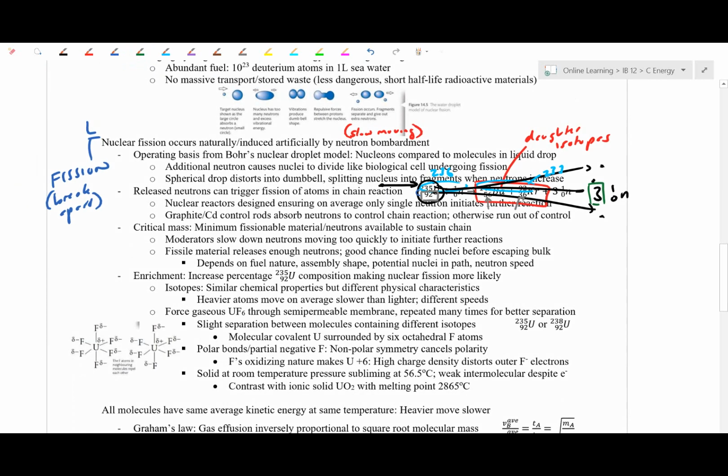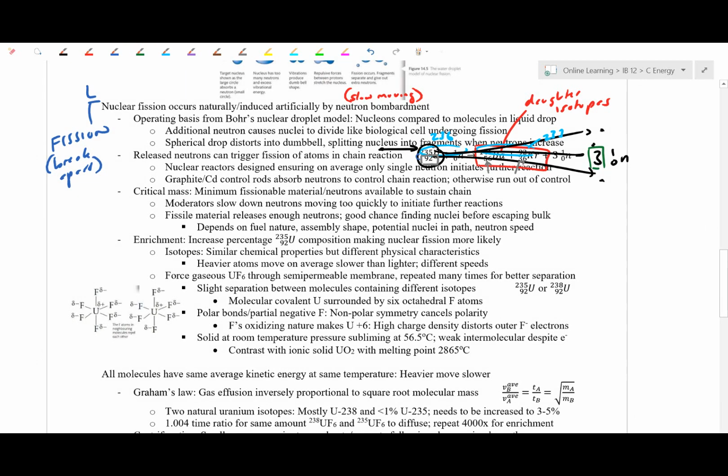So when we actually look at our power plants, we design it so that on average, we hope only 1 neutron initiates a further reaction. In this schematic, 1 neutron has generated 3. We want to have enough control rods to soak up some of these extra neutrons. We don't want those to run into other particles, so that only 1 on average goes to trigger another one, and in that case we would have a critical mass.